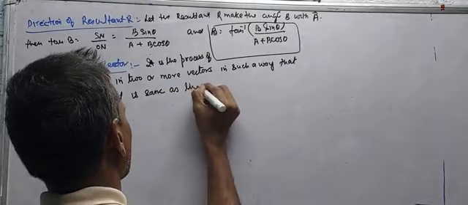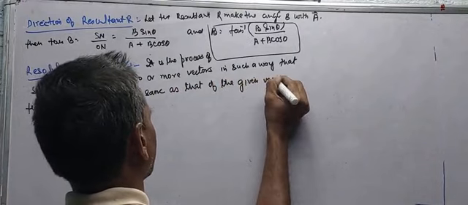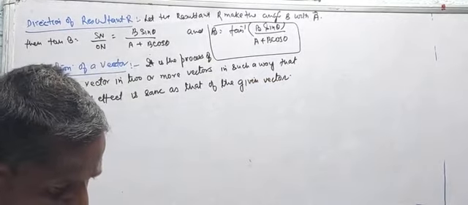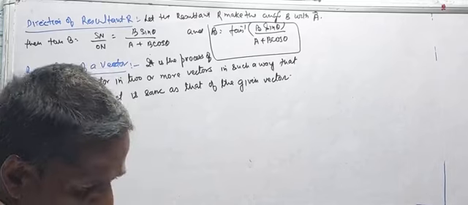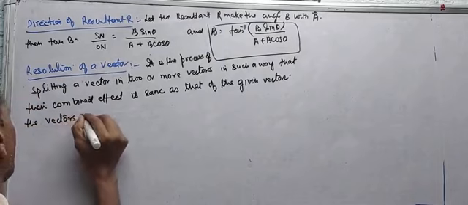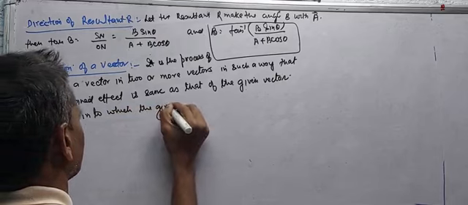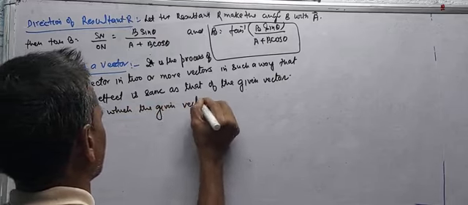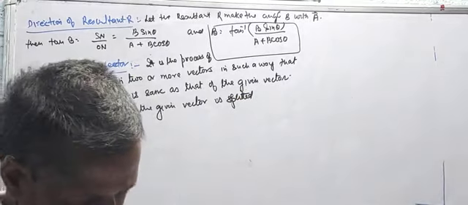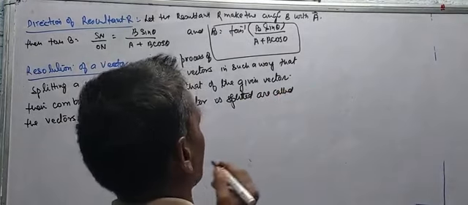The vectors into which the given vector is splitted are called component vectors.